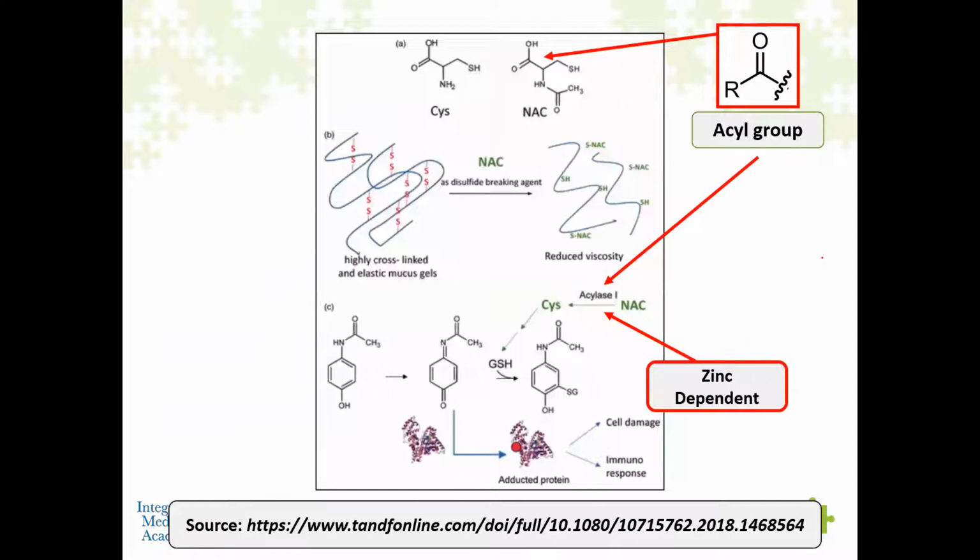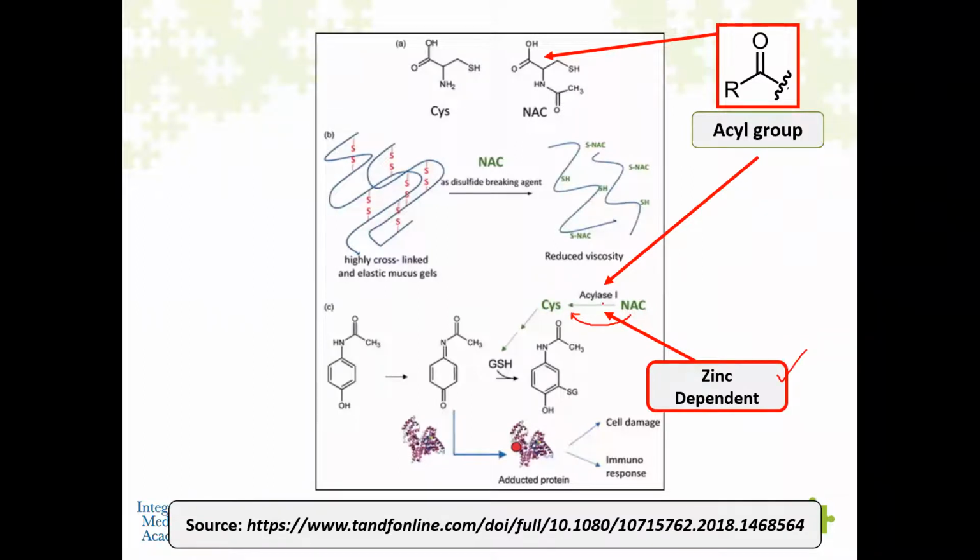There's always the possibility, albeit from what I've seen relatively rare, that the enzyme that makes it happen, and I know of one, I don't know if there are others, called acylase, which is needed to deacetylate N-acetylcysteine to make it cysteine, is malfunctioning. Now, it is a zinc-dependent enzyme.